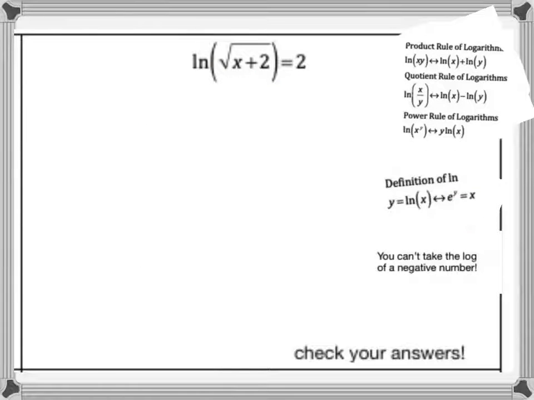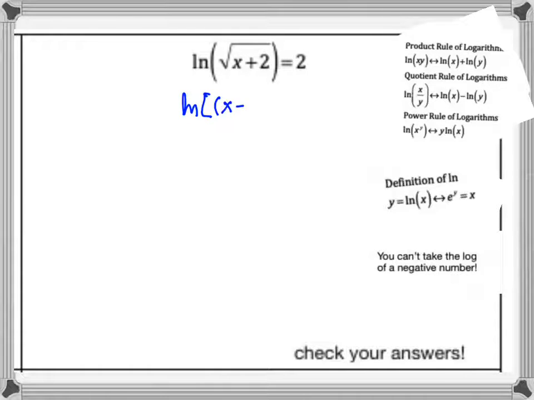This one has a little bit of stuff going on with it. There are a couple of different ways to do this, but I want to reiterate this property that sometimes we lose sight of: if I have a square root sign here, the square root is like raising the radicand to the 1/2 power.